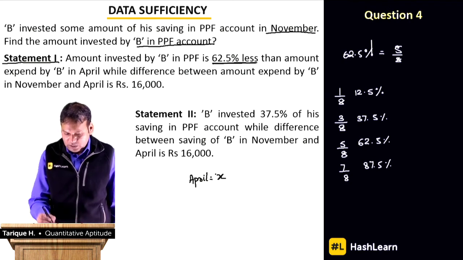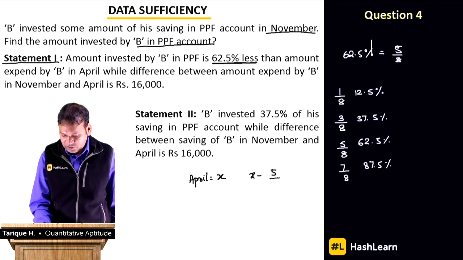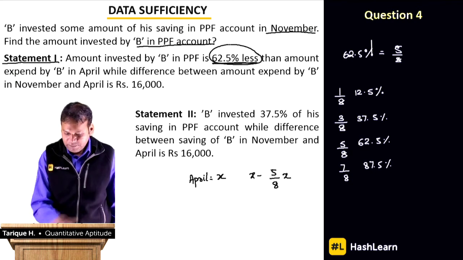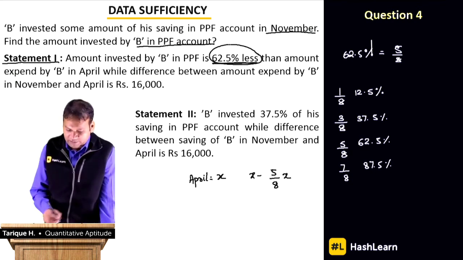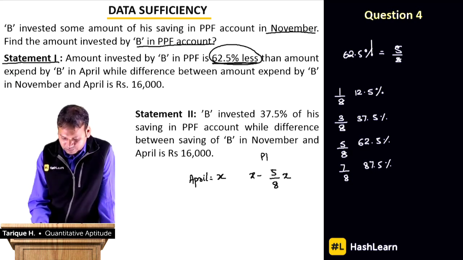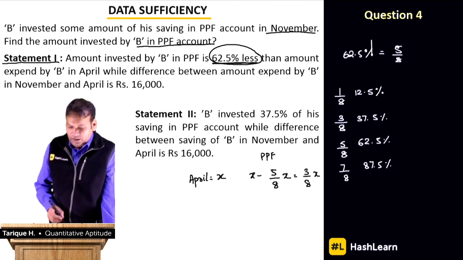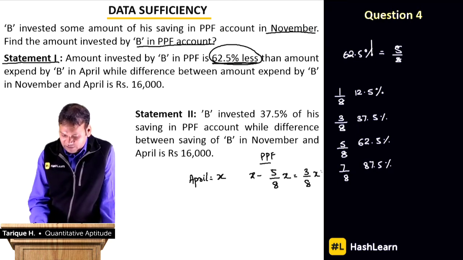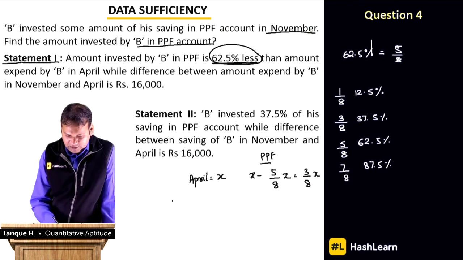So amount invested by B in PPF is x minus 5 by 8 of x. 62.5% less, it's saying. So this is the amount in PPF, that means it is equal to 3 by 8 of x. So this is the amount we have got in PPF, and this is the amount invested in April.